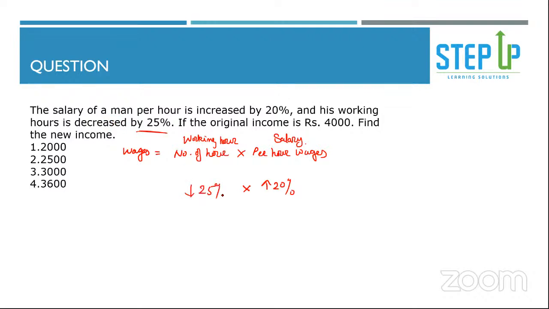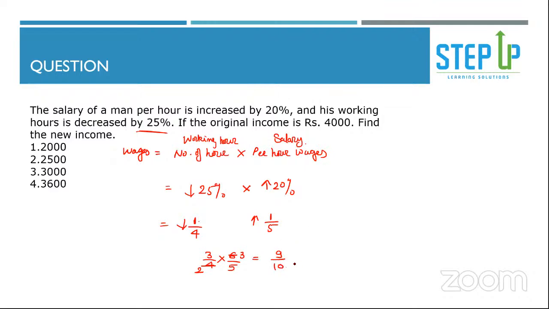Decreased by 25% means 1 by 4 decrease. It means 4 minus 1, I'll write it as 3 by 4, right? So this is 3 by 4 and this is an increase of 1 by 5, which means 6 by 5. So 2 2s are 4, 2 3s are 6. This became 9 by 10. All right, 9 by 10.